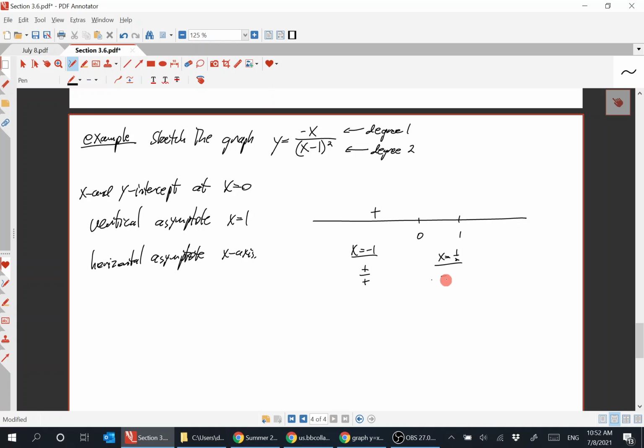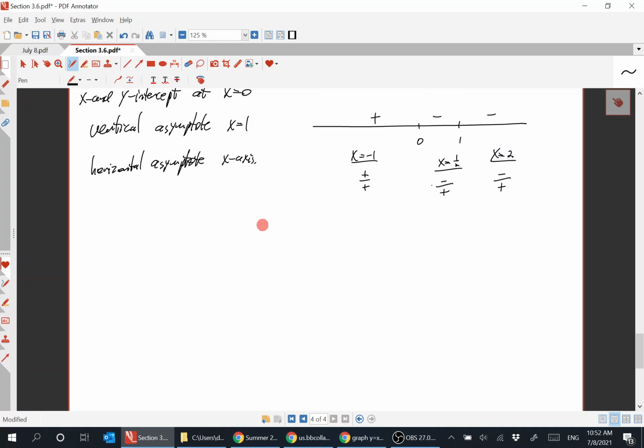Negative over positive. So the whole thing is negative. And over here, positive, negative. And then over here, x equal to 2. So again, negative over positive, so the whole thing is negative.